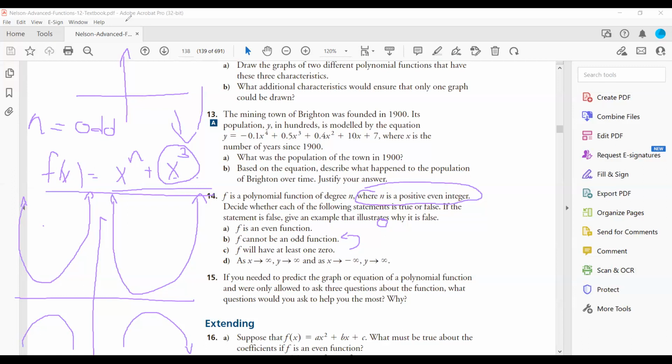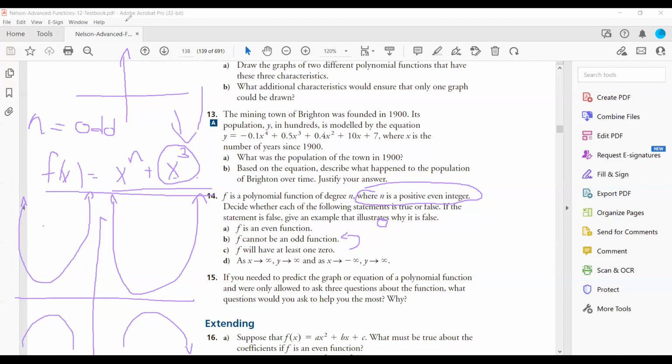Question C. We'll have at least one zero. We explained that because our function is even degree, it will end up in the same infinity, whether it's plus or minus. So we can position it in such a way that we won't have any zeros. Question D. As x travels to infinity, y travels to positive infinity. As x travels to negative infinity, y travels to positive infinity. And again, this is a false statement.